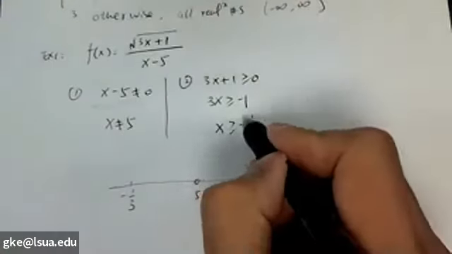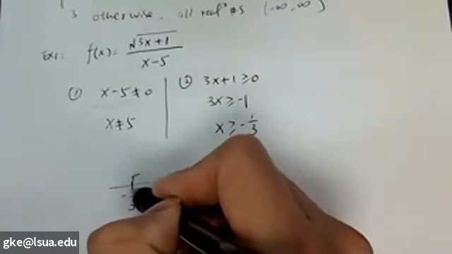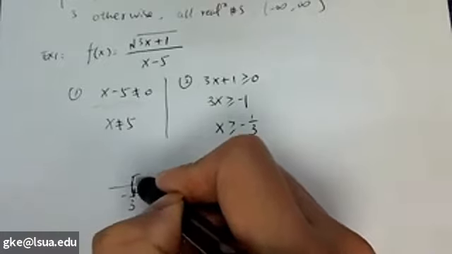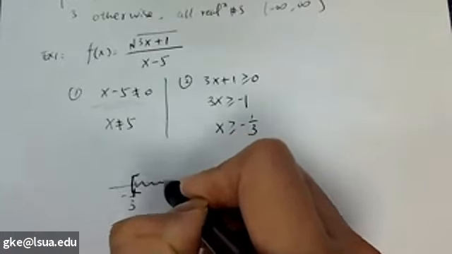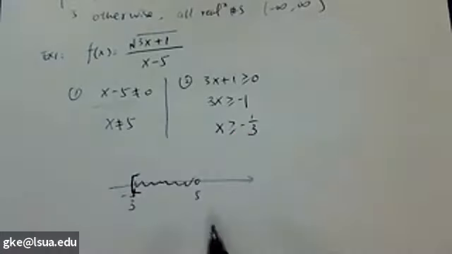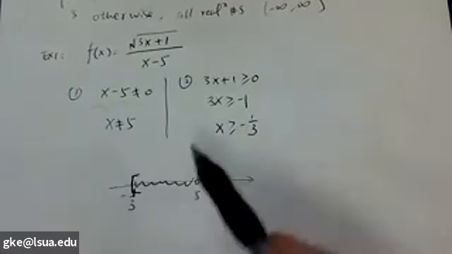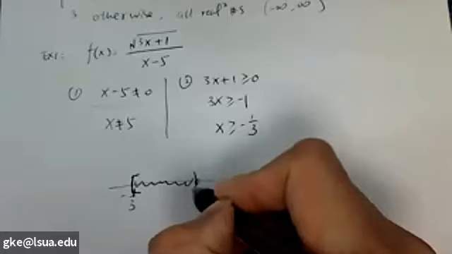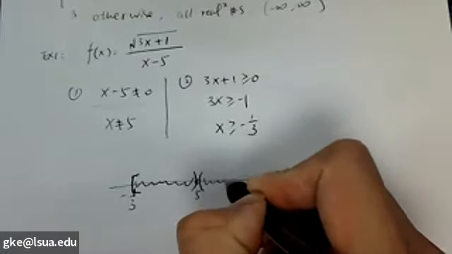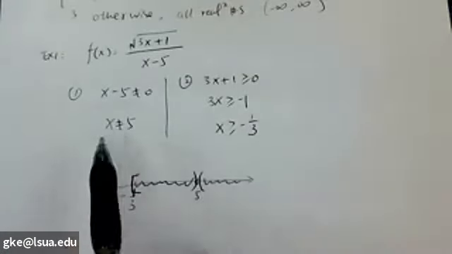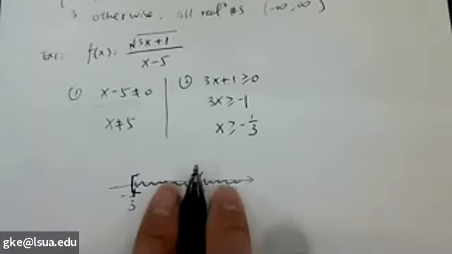And we know here it is greater than or equal to, so it's inclusive, right? And x doesn't equal 5 will be a breakpoint. Because x doesn't equal 5, it breaks this into 2 parts, right?